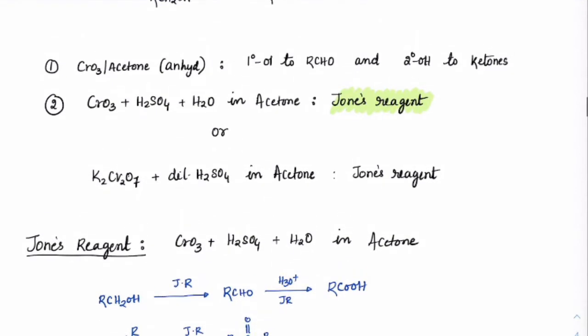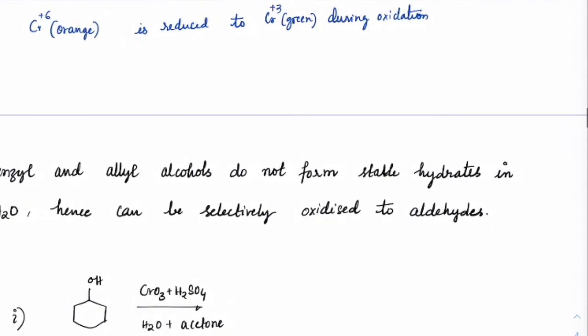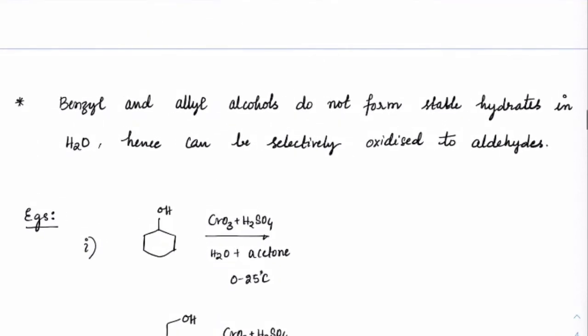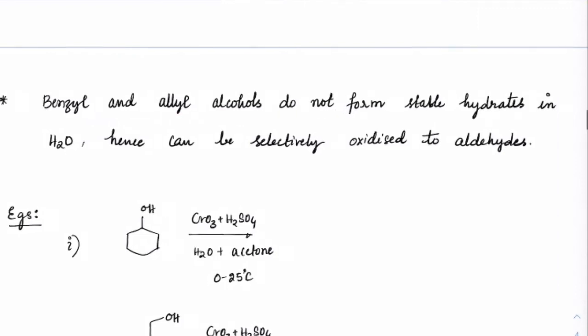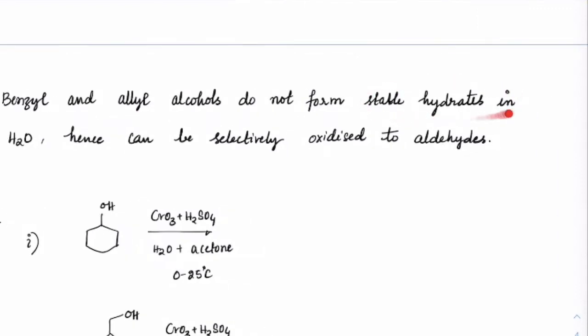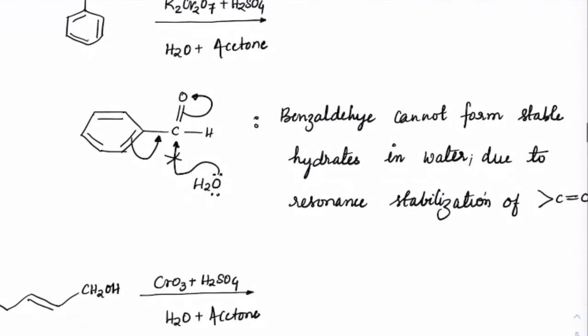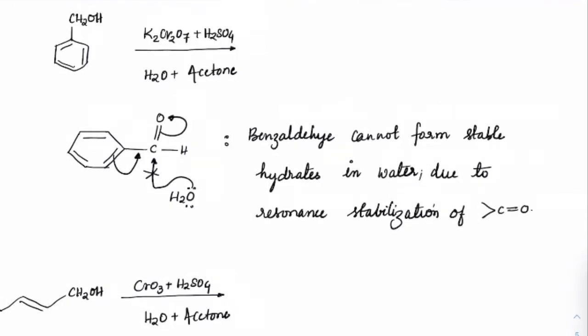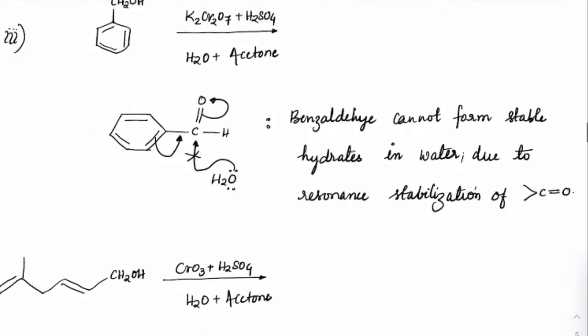Got this, everyone? Now, one very important thing about Jones reagent is that benzyl and allyl alcohols cannot form stable hydrates because of resonance stabilization. I'll show you how. In allyl or benzyl cases, we know there is resonance stabilization here.